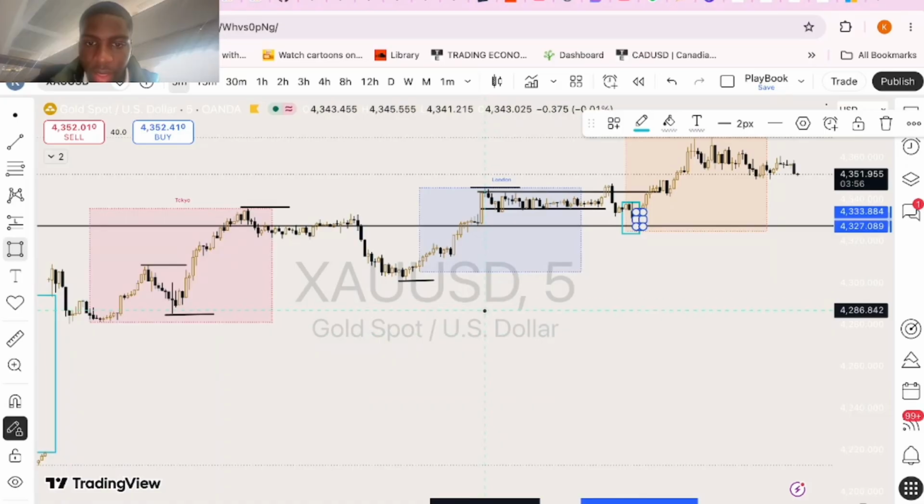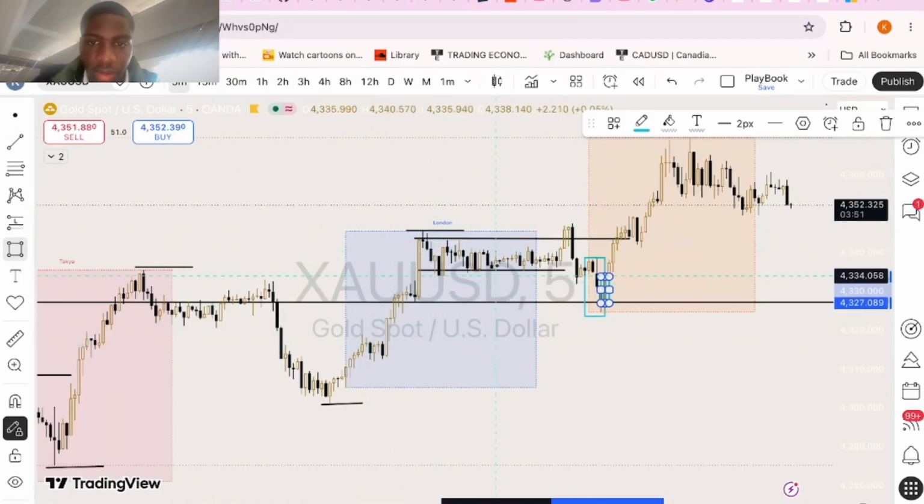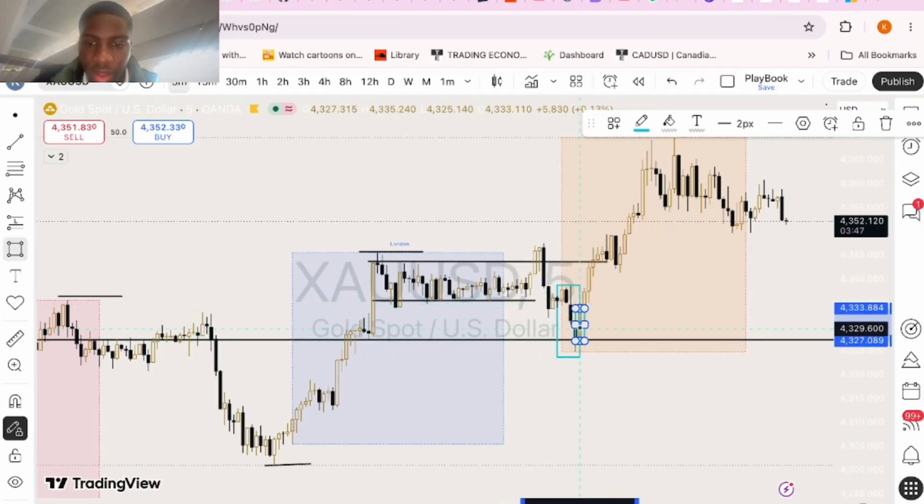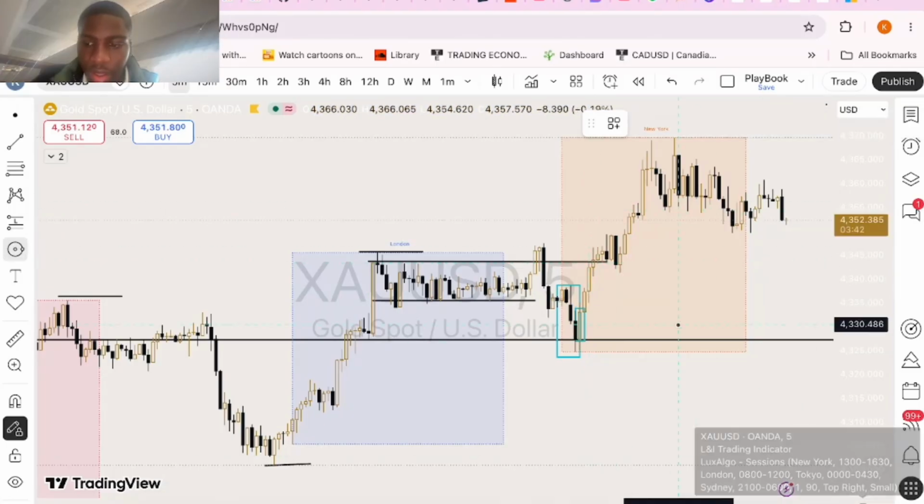So already at the start of the day, you've got a thesis in play that you're in a trending market. Price gives you this dump down peak formation into the first hour of the New York session and pumps up and gives you a higher high.